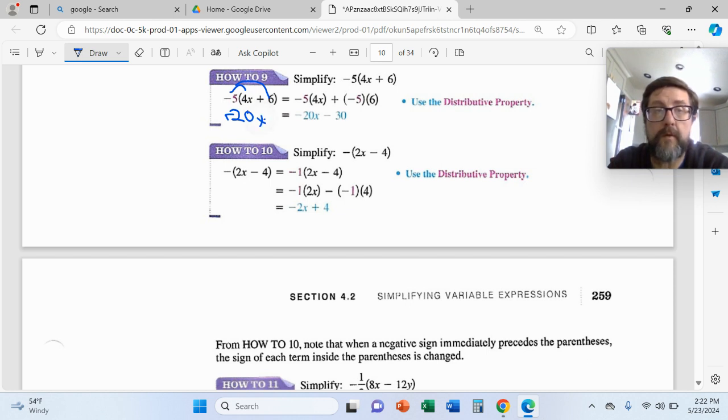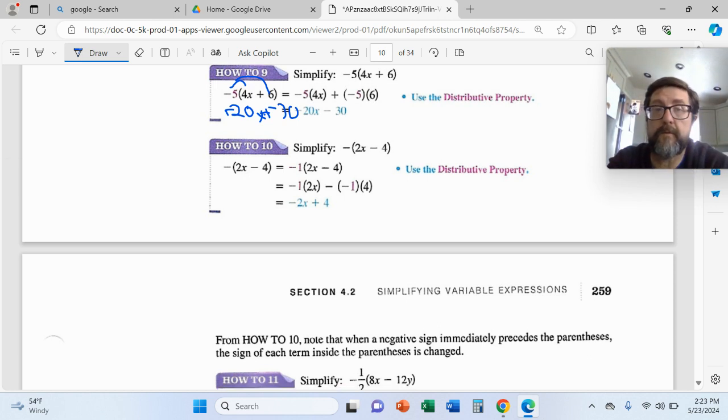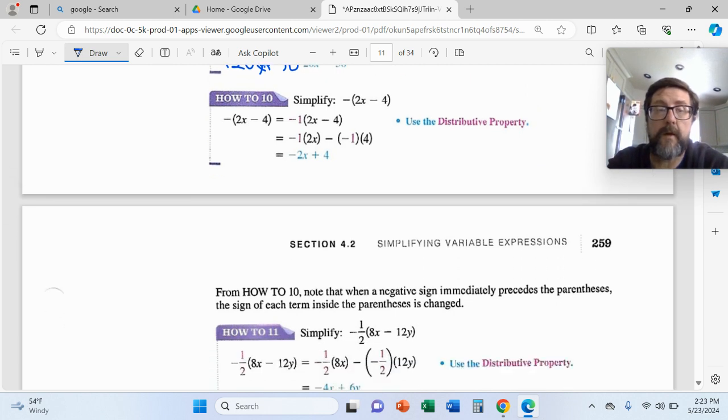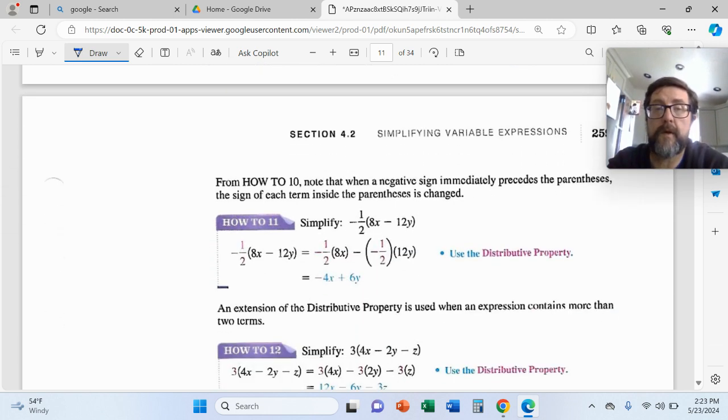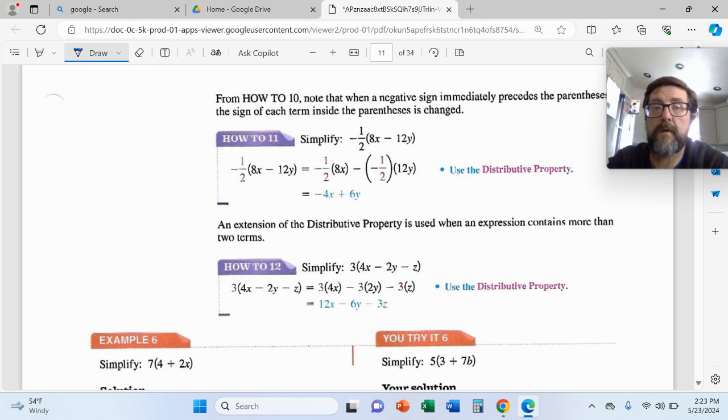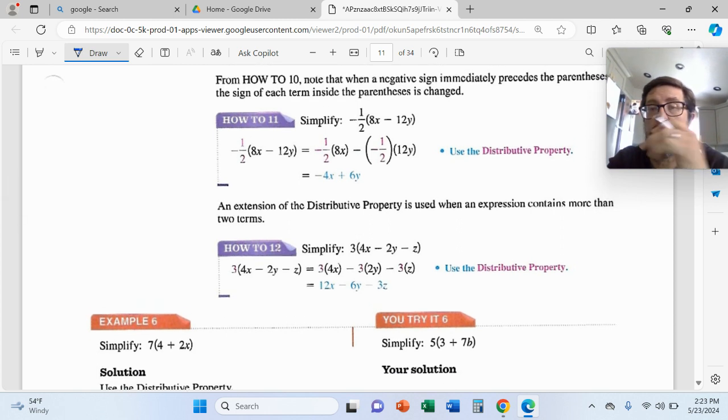Then we're just going to do a plus negative 30. And they actually didn't do plus negative 30. They just did negative 30. That'll work though. Okay, pause it and do these.